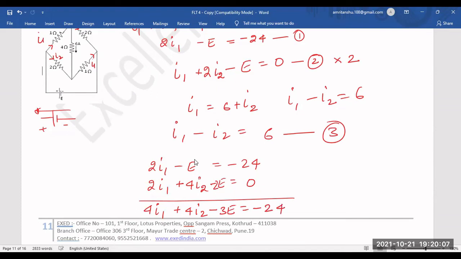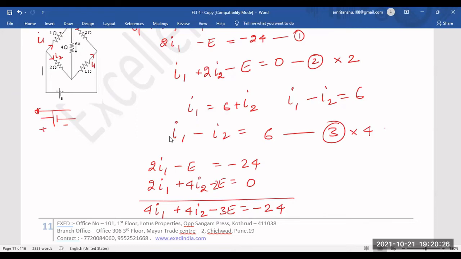minus 24. Now from the equation I1 minus I2 equals 6, I'm going to multiply this with 4, and I'm going to add this equation.